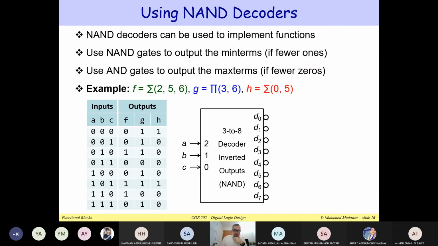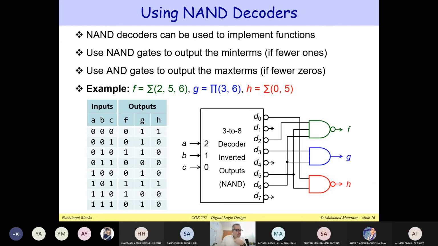You can also implement functions using this NAND decoder that has inverted outputs. So rather than using OR and NOR gates, we can use NAND and AND gates to implement the function. Again, this is a twist of the logic, because we look at when the output is 0, not when the output is 1. So we can use NAND gates and AND gates. The AND gates can be used, for example, to implement the zeros.